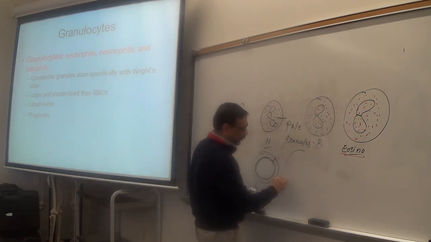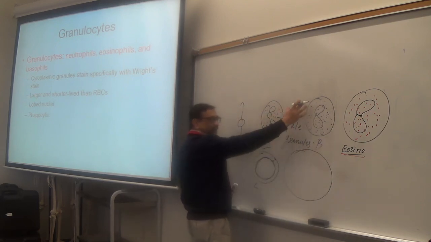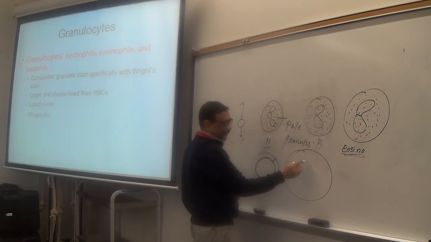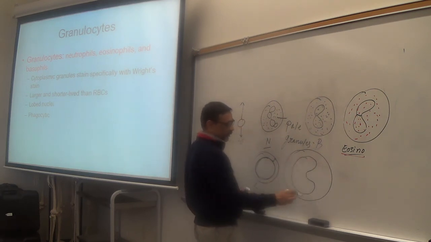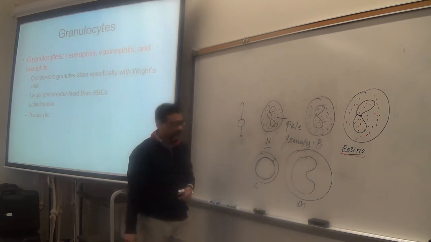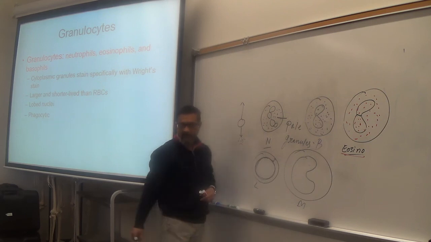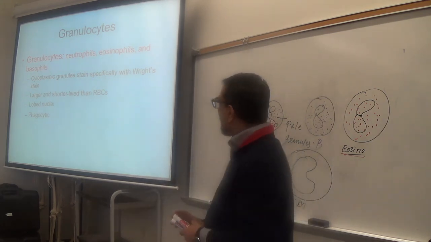And monocyte is also easy because it is much bigger than other cells and has a kidney-shaped nucleus. So this is monocyte, okay? No granules in the cytoplasm. So these are 5 different types of white blood cells, okay? How they look like.